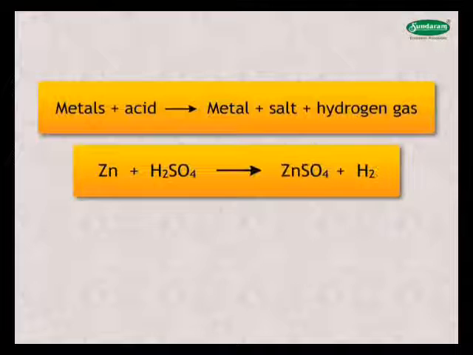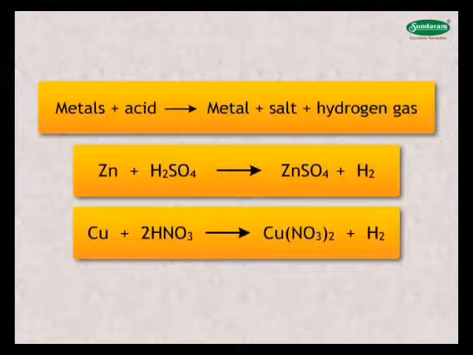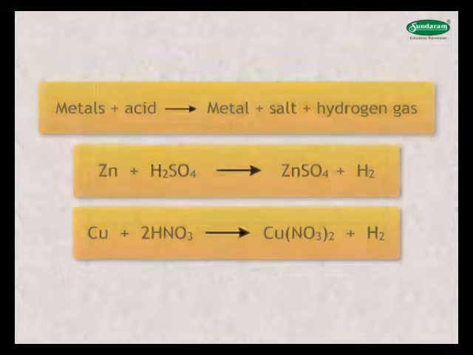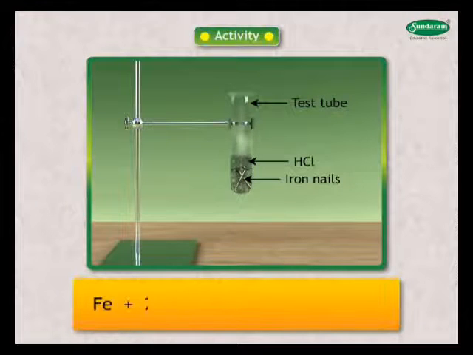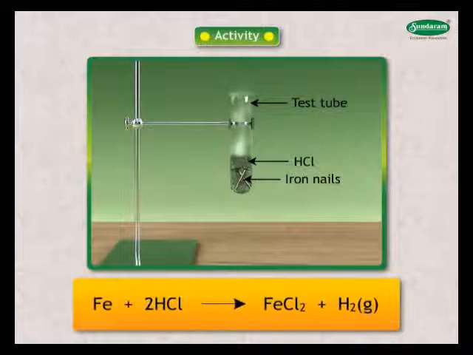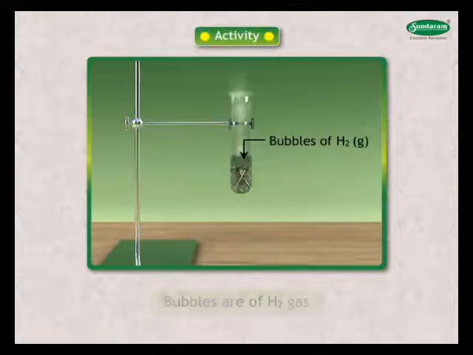Zinc forms zinc chloride and copper forms copper nitrate, and hydrogen gas is liberated. What will you observe when iron nails are treated with concentrated HCl? Iron combines with HCl to form iron chloride and hydrogen gas is liberated. The bubbles given out during the reaction are of hydrogen gas.